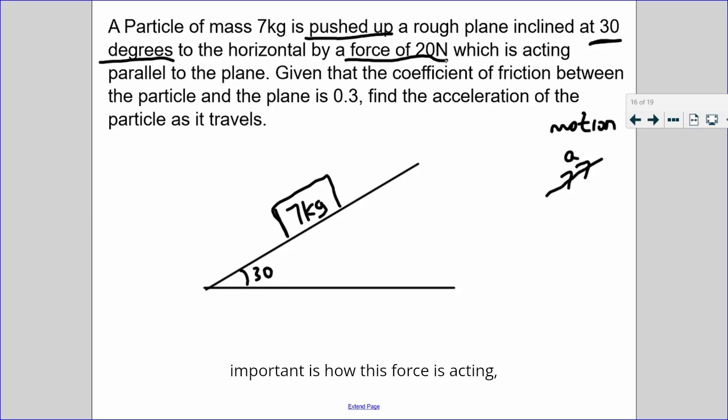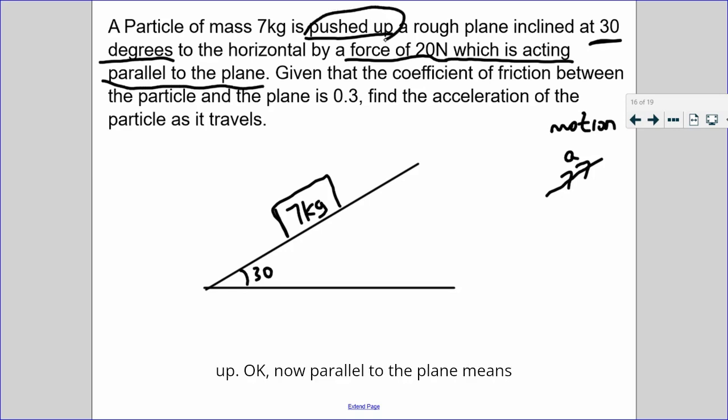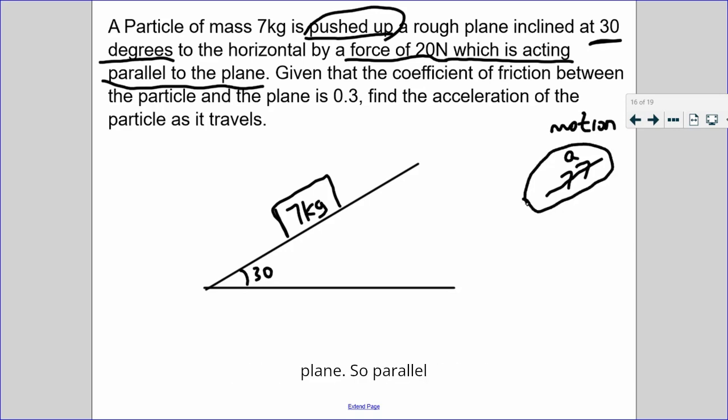Now, what's important is how this force is acting, which direction. This force of 20 newtons is acting parallel to the plane and it's pushing up. Parallel to the plane means your plane is the slope, which means it's like this. So parallel to the plane means in the same direction.